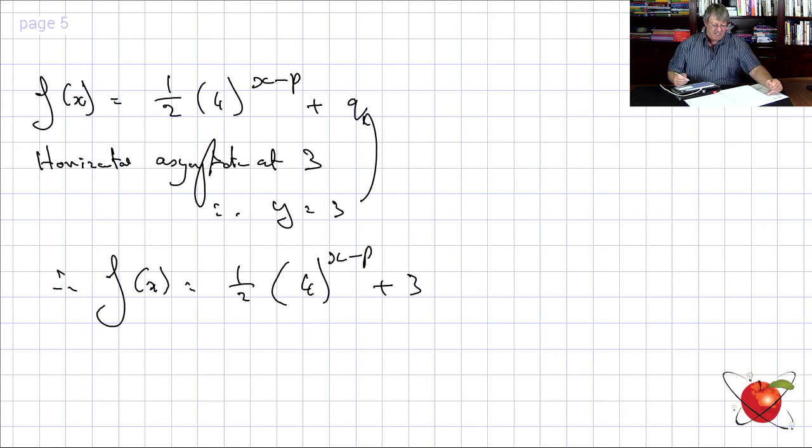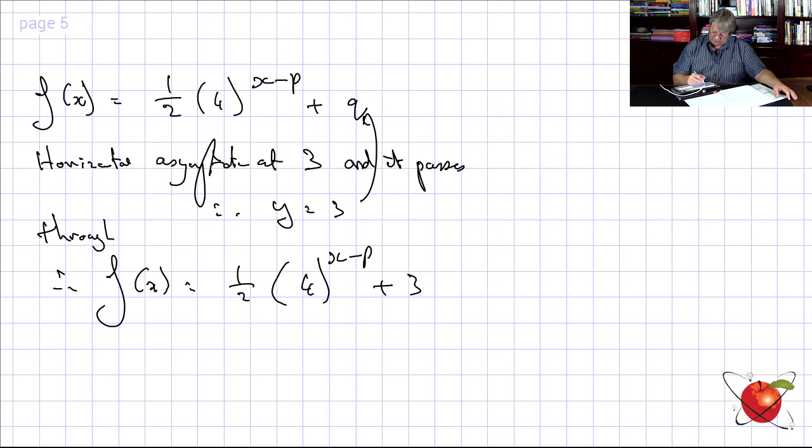The last thing they tell us is that it goes through the point (3, 5). It passes through 3 and 5.